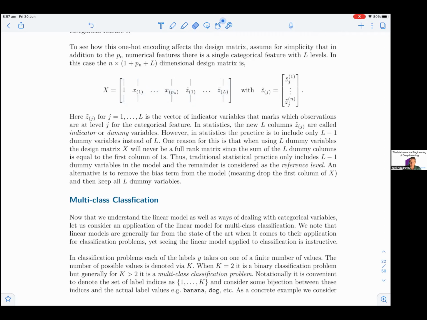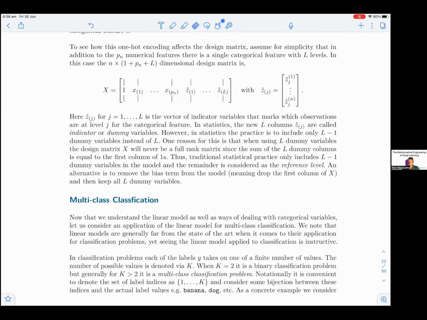Here, Z tilde sub j, for j equals 1 through L, is the vector of indicator variables that marks which observations are at level j for the categorical feature. In statistics, the new L columns, Z tilde j, are called indicator or dummy variables.